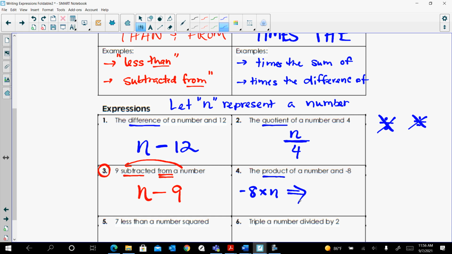You just write negative 8 and then n. The negative 8 is your coefficient. Numbers go in front of letters and in front of variables. So to write the product of a number and negative 8, it would be negative 8n. That's showing negative 8 times n.